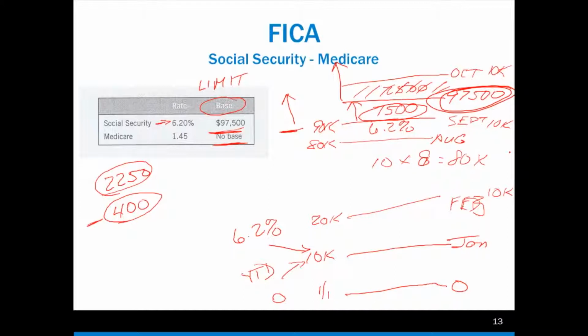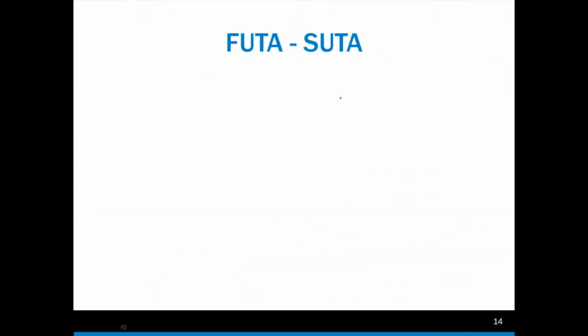But when you get, say, a business owner who makes $100,000 a year or $125,000 a year, then you have to start keeping track of this for that particular employee, because as soon as they get to that limit, the remaining amount over and above that is non-taxable anymore. Okay, so I hope you understood that. This applies for Social Security, and the same thing goes for your FUTA and SUTA.